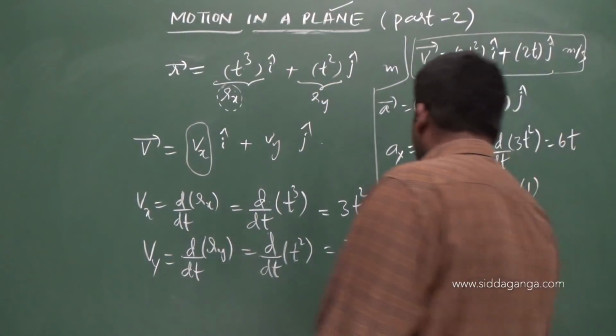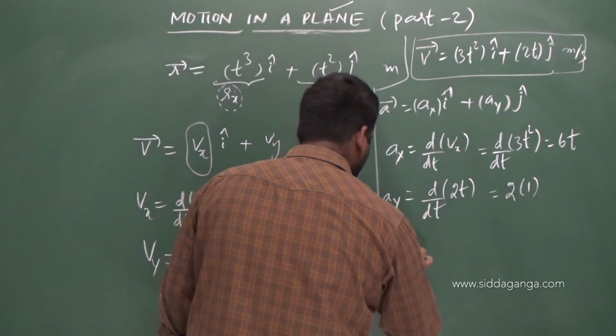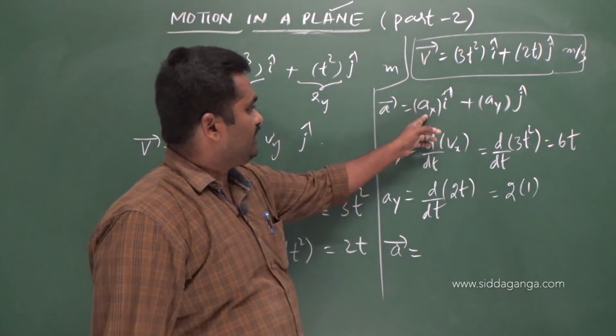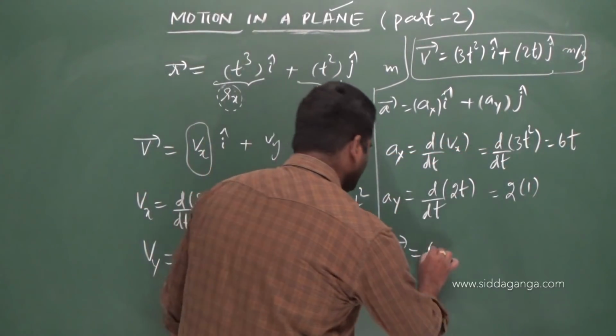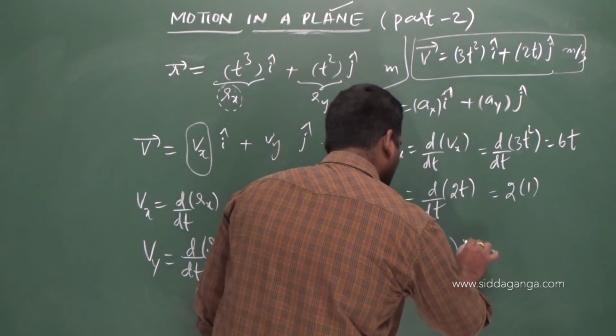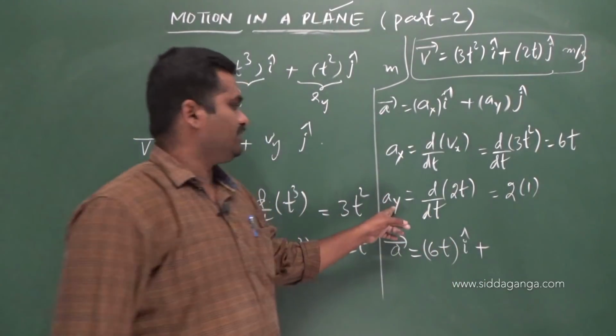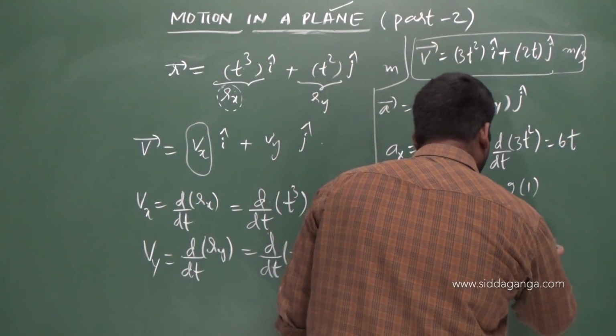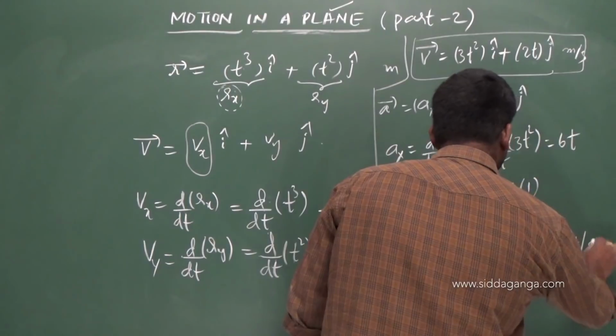So finally, if I want to write acceleration, a bar will be equal to Ax i cap. Ax we got 6t, so this is 6t i cap, plus, what is the value of Ay? 2 we got. That's why it is 2 into j cap, so many meter per second square.